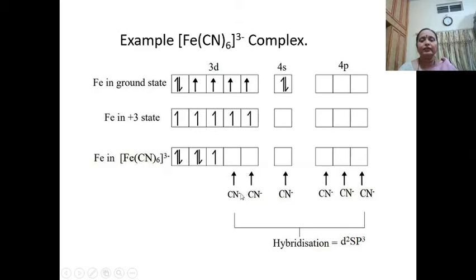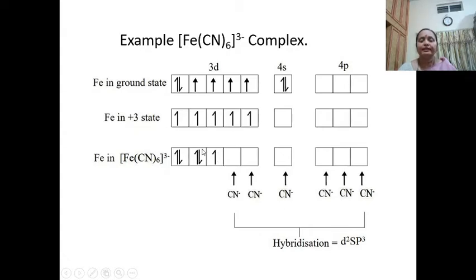Cyanide ion is going to be a strong ligand, because of which these electrons present in the 3d orbitals are being forced to pair up. As the cyanide ions are approaching, the electrons present in the d orbitals begin to pair up, leaving one unpaired electron.